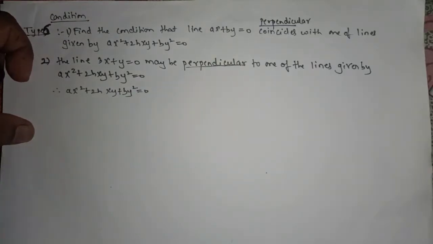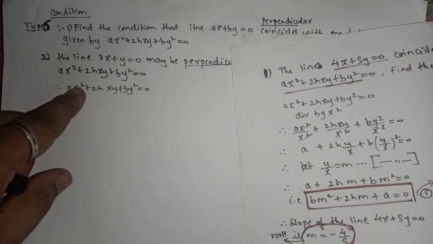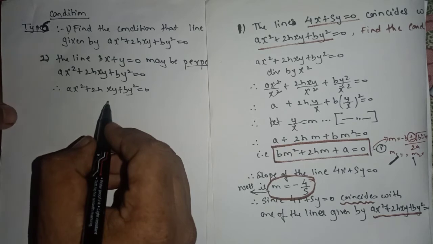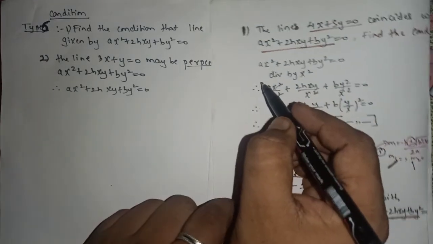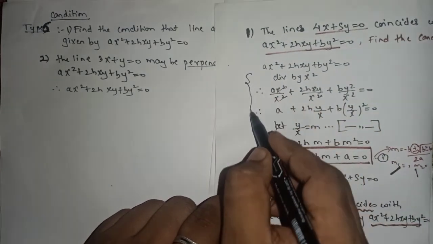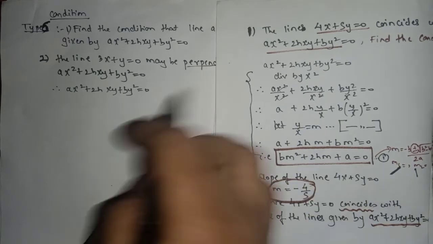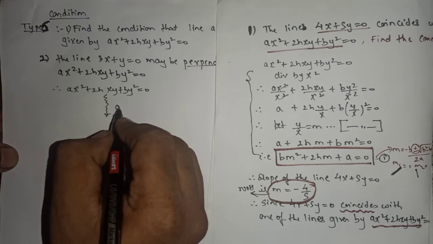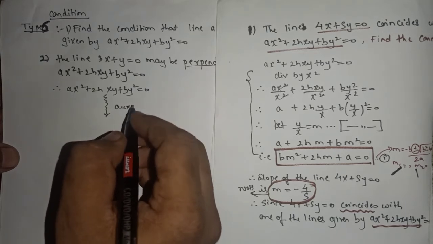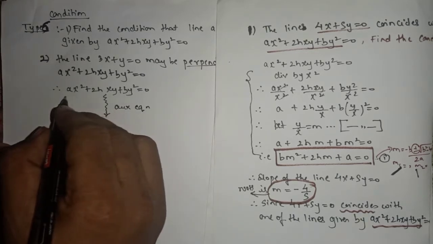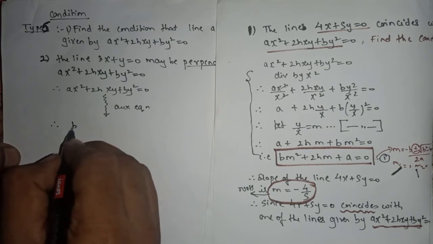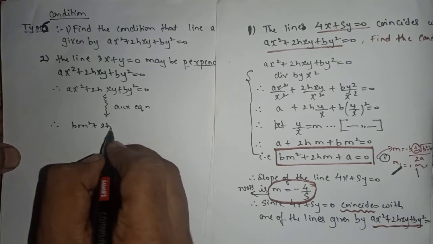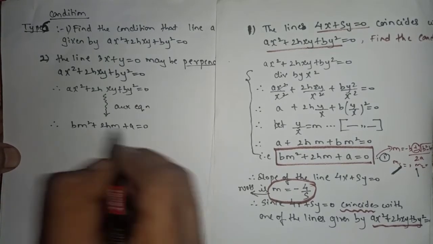According to the rule, we have to convert this quadratic equation into an auxiliary equation. You will show the steps, but for this sum I will write the answer directly. The corresponding auxiliary equation for the given quadratic equation is bm square plus 2hm plus a equals to 0.